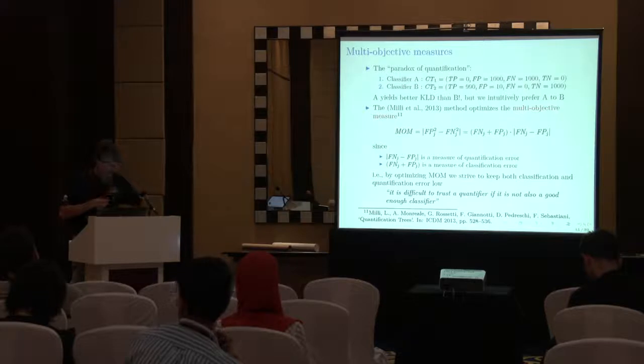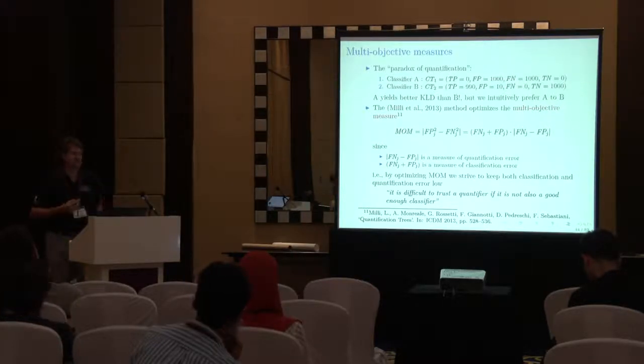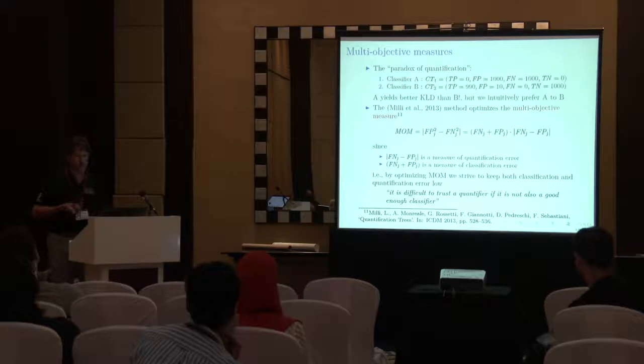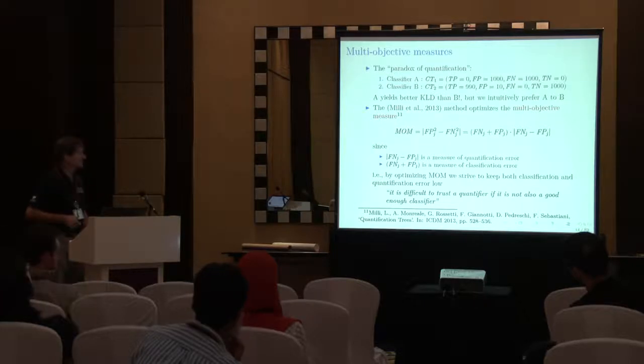Another measure that I think has some interest is what people call multi-objective measures. In machine learning, a multi-objective measure is a measure of accuracy that tries to simultaneously address different aspects of the result. And the use of a multi-objective measure in quantification has to do with what we have called the paradox of quantification.